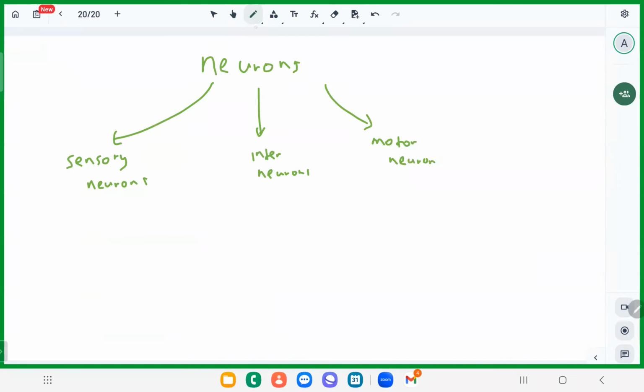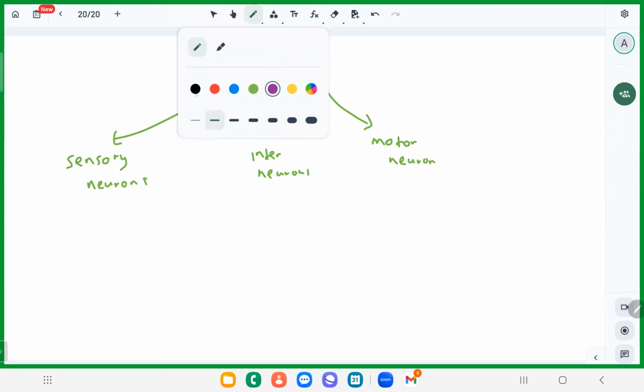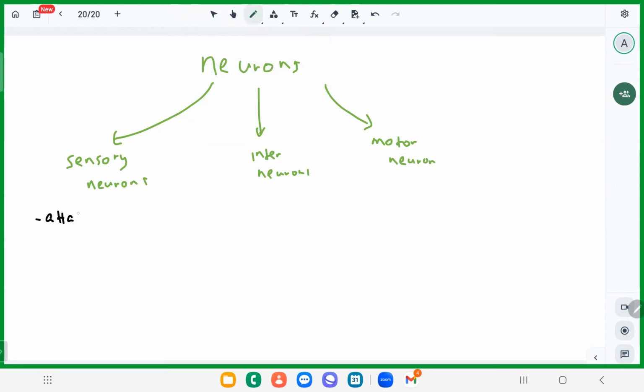All right. Now, sensory neurons, as the name suggests, are the neurons that are attached to our sense organs. So any neuron attached to our sense organs, our eyes, skin, nose, tongue, whatever it is, is called a sensory neuron, right?